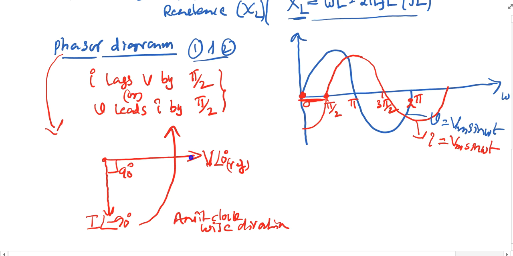If you want to represent that current lags voltage by 90 degrees, this is it. Vectors always rotate counterclockwise, so with respect to this rotation, the current is lagging by 90 degrees.